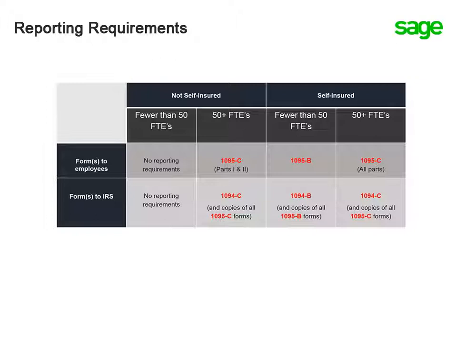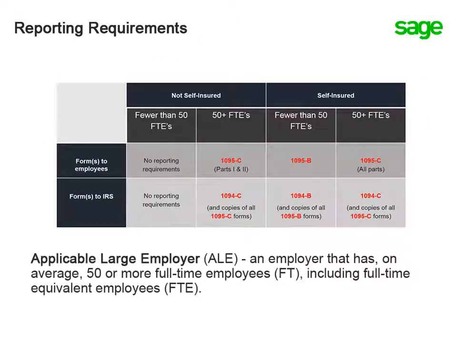In this lesson, we'll walk through the process of preparing and submitting the 1095-C and 1094-C forms, which is required if you are an applicable large employer, or one who employs 50 or more full-time or full-time equivalent employees.